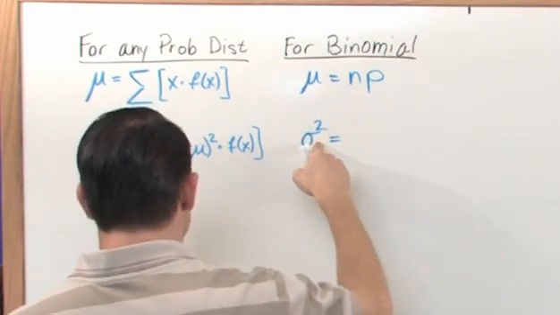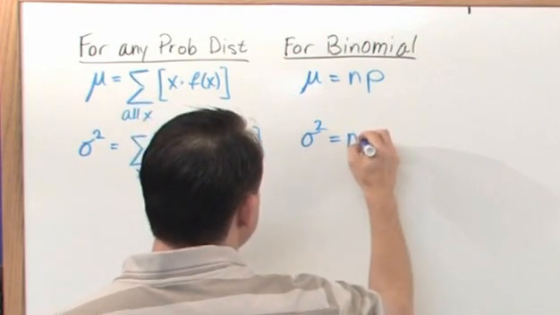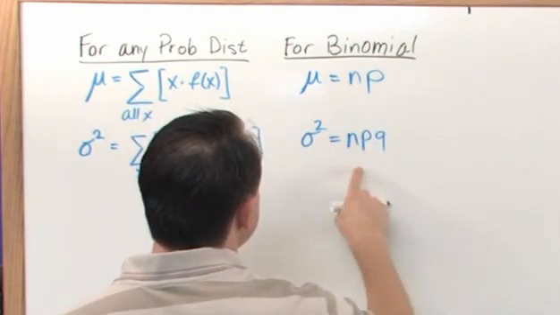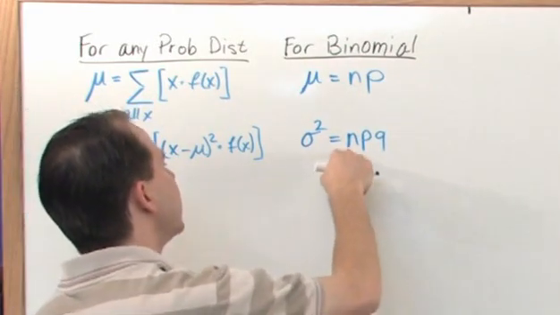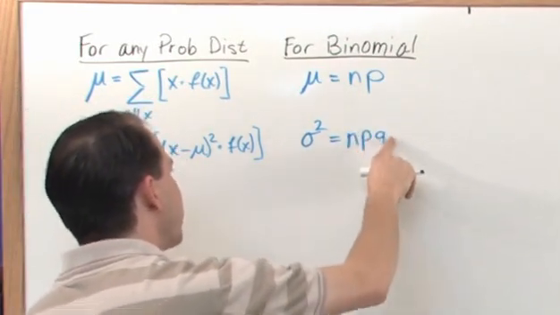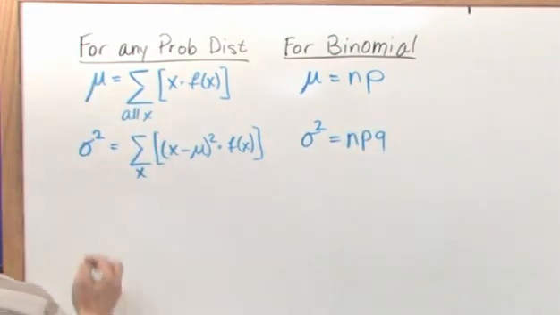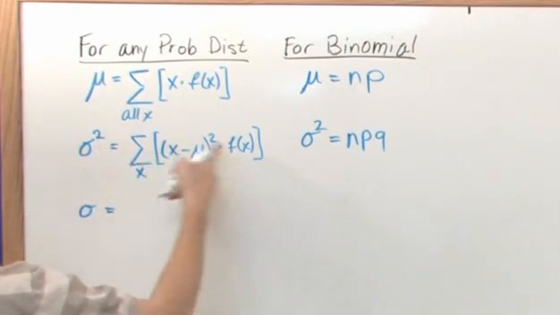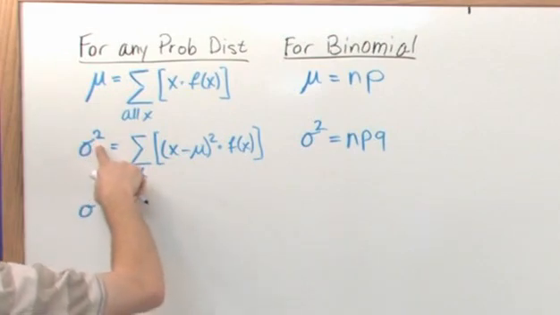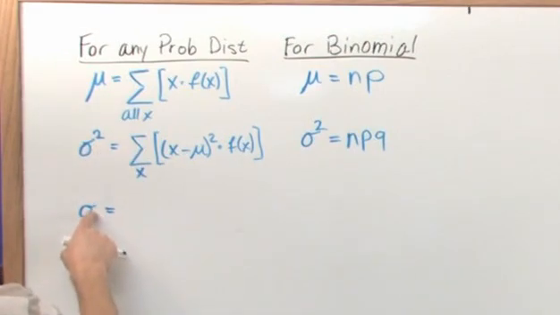The variance, which is the standard deviation squared, can be written as n times p times q. These are all things that you know for binomial distributions: number of trials, probability of success, probability of failure inside the trial. Now the standard deviation is very simple. It's the square root of this, right? The square root of sigma squared is just going to be sigma. This is a lowercase sigma.